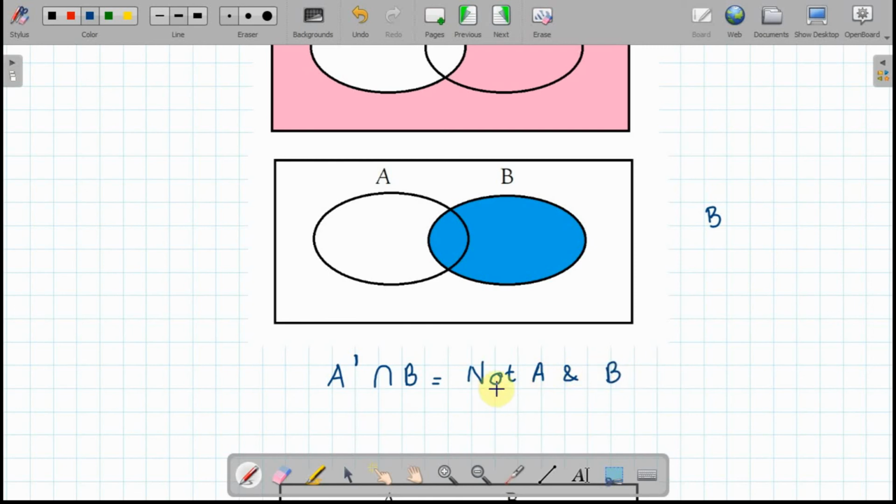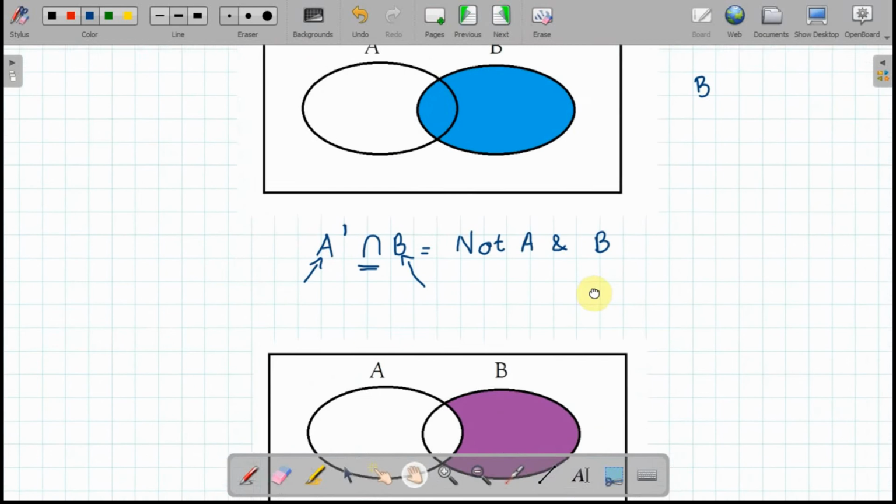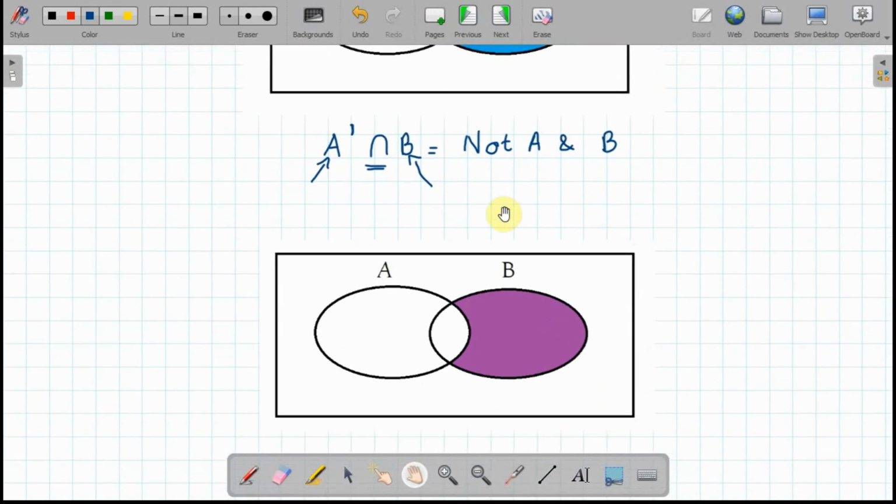So you have to fulfill the first condition, which is not A, and you have to fulfill the second condition, which is B, because you're dealing with an intersection. So you've got to fulfill both of the conditions. So that bit will be, this would be here, not A intersection B. This is what it would look like.